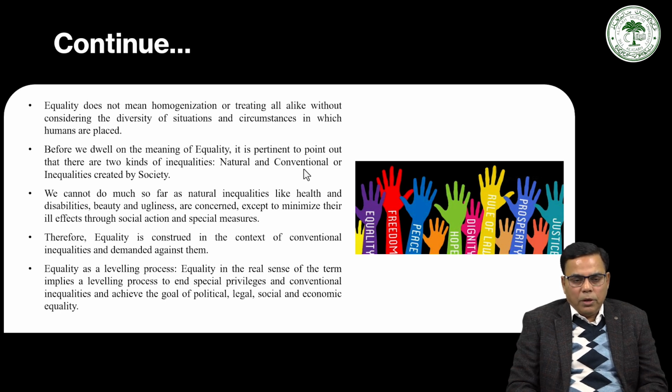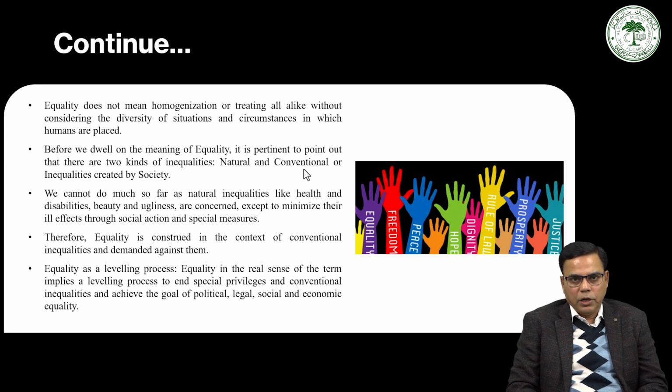We have to understand equality as a leveling process. So what is equality then? Equality in the real sense of the term implies a leveling process to end special privileges and conventional inequalities and achieve the goal of political, legal, social and economic equality. A continuous leveling process should be there to end special privileges.